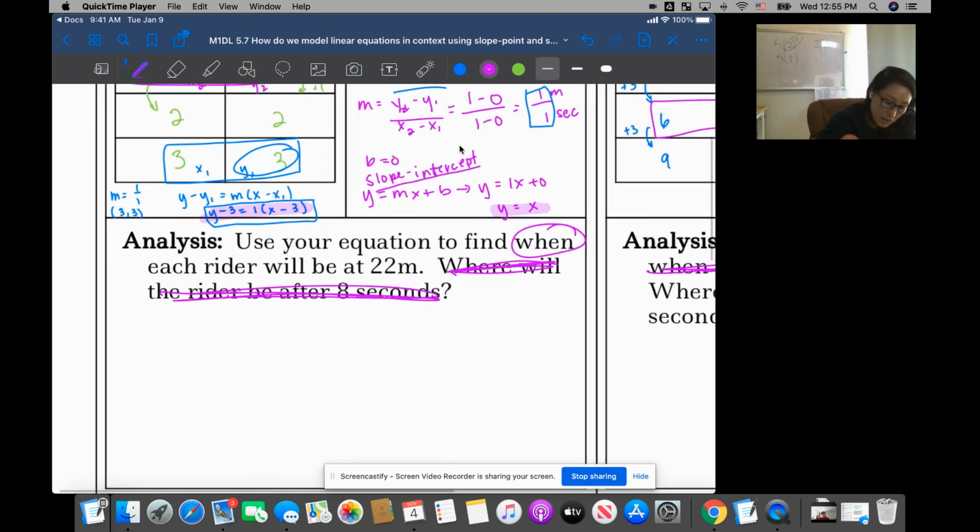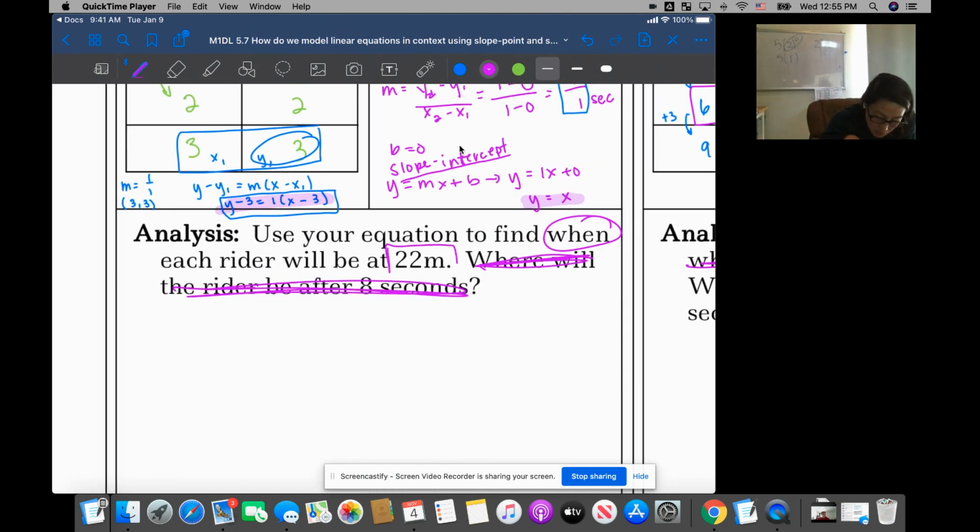Okay, so if we're talking about 22 meters, if I'm thinking about my ordered pair, my x and my y, remember x represented the time and y represented the distance in meters.